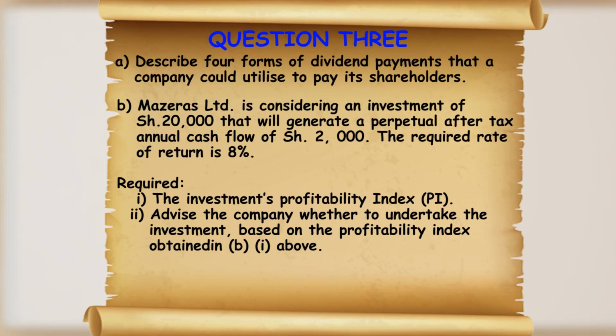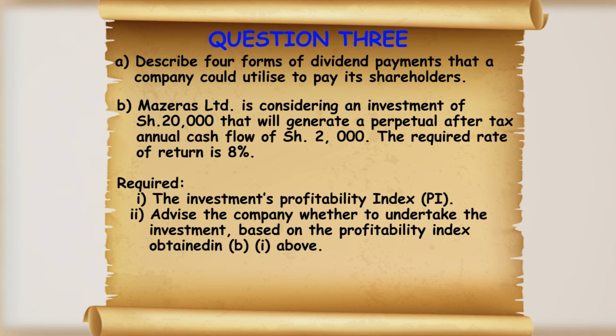Then moving on to part B, Mazeras Limited is considering an investment of 20,000 shillings that will generate a perpetual after-tax annual cash flow of 2,000 shillings.